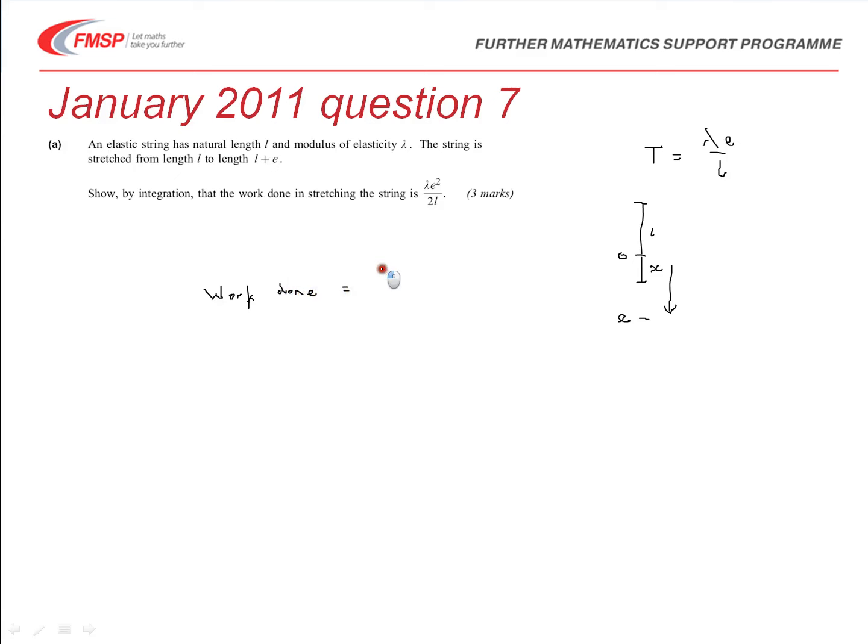And so to calculate the work done we need to integrate the tension over that distance from 0 to E. And so we are integrating from 0 up to E lambda x over L dx.